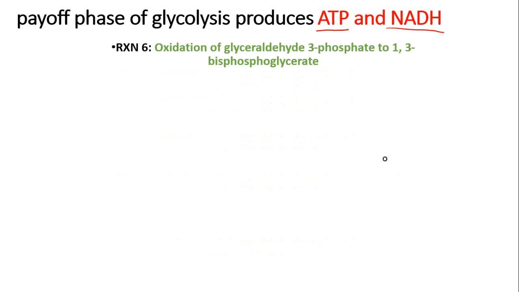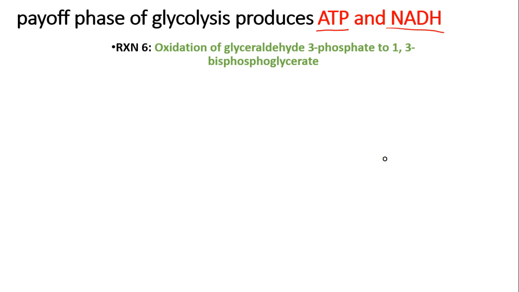And the first reaction of the payoff phase, which in the actual sense is the sixth reaction of glycolysis, involves the oxidation of glyceraldehyde 3 phosphate to 1,3 bisphosphoglycerate.